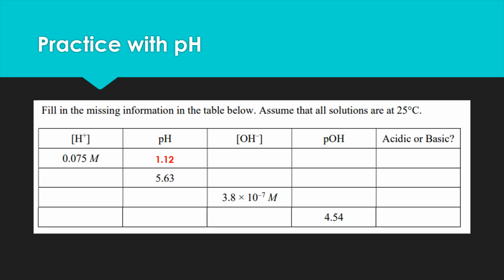Now, we have some options. We haven't looked too much at the Kw equation yet. We will get there and use that more later. But I want to show you one real quick. Kw, we talked about earlier, is equal to the concentration of hydrogen times hydroxide.